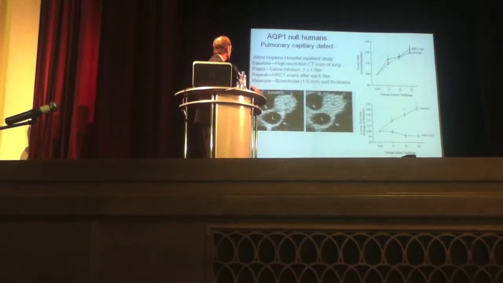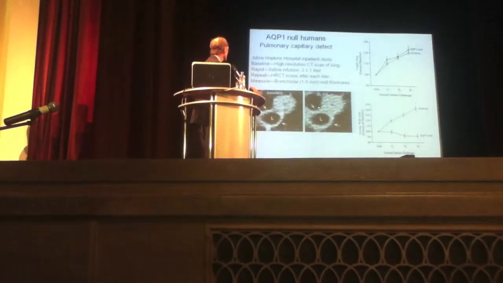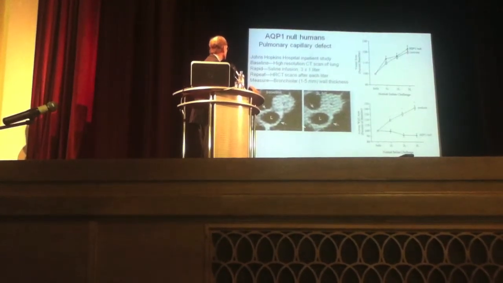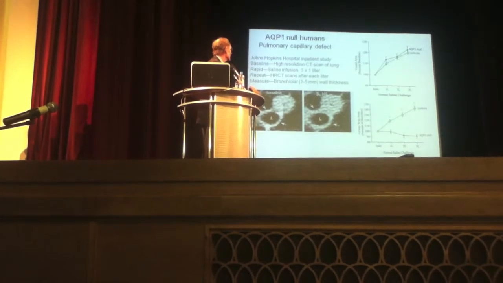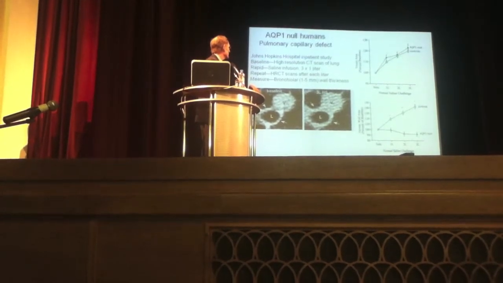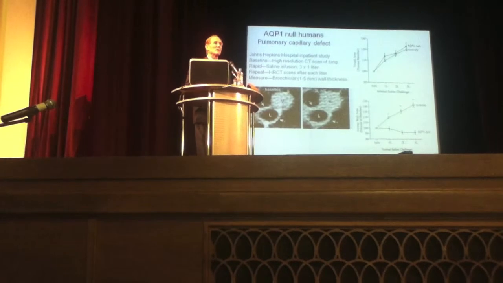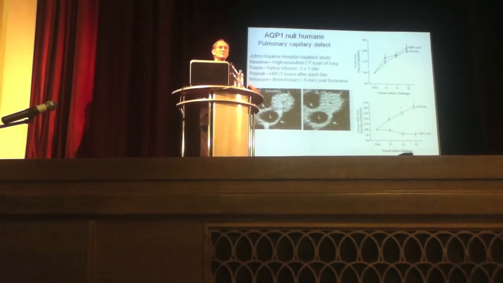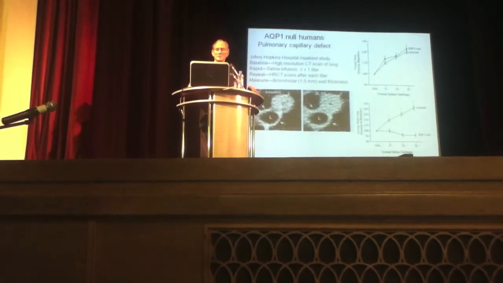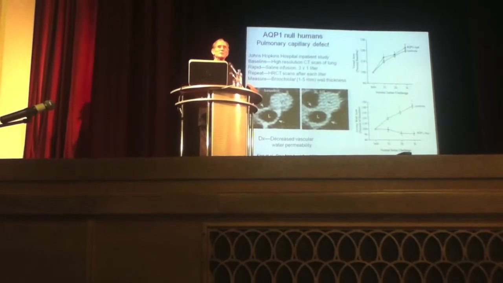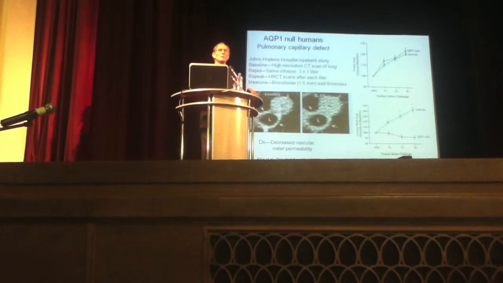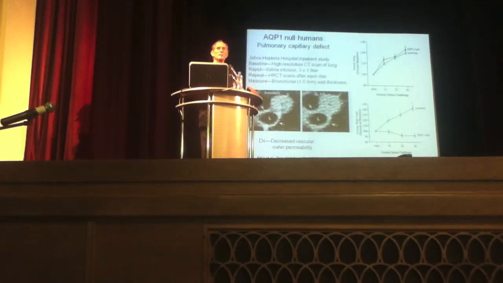But the release of fluids from the venule into the surrounding space around the bronchiole, notice the thickness is increased dramatically. Found in all normal individuals, not found in aquaporin null individuals, indicating there's a delay in fluid release from the vasculature and the blood vessels in the lung, which we think may be of large physiological importance at the time of birth when we reabsorb massive quantities of amniotic fluid.